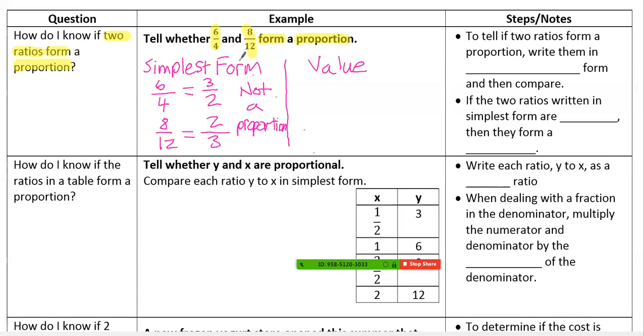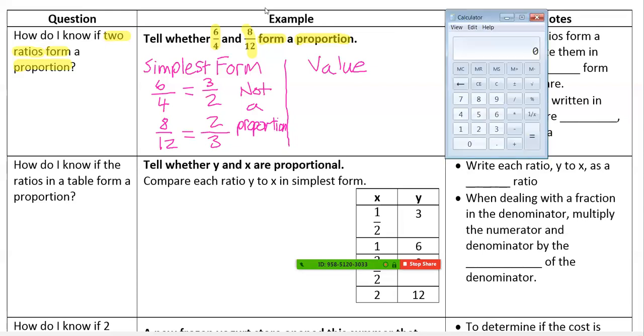Okay, now the thing with fractions is that they are unfinished division problems. So even though I know what 6 divided by 4 is, and I know what 8 divided by 12 is, if you take a calculator and you do 6 divided by 4, you get 1.5. So 6 over 4 is the same as 1.5, or 1 5/10.